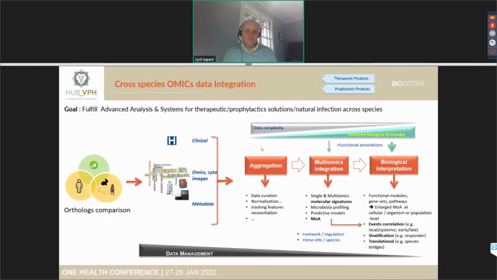This comes with challenges for aggregation of those data, multi-omic integration, and after that, biological interpretation across those different species. So you can correlate those events in those different animal species. Here, in terms of animal species, we're talking about rabbit, NHP (non-human primate), and mice.